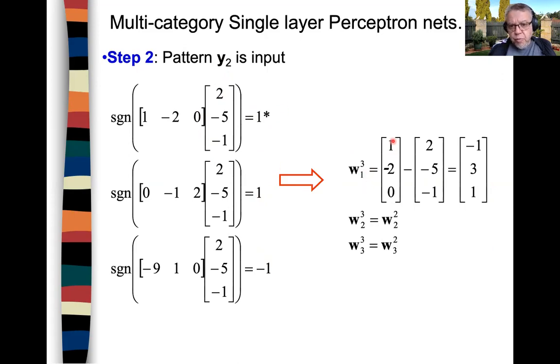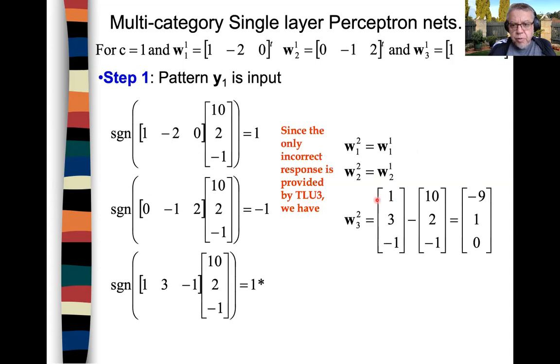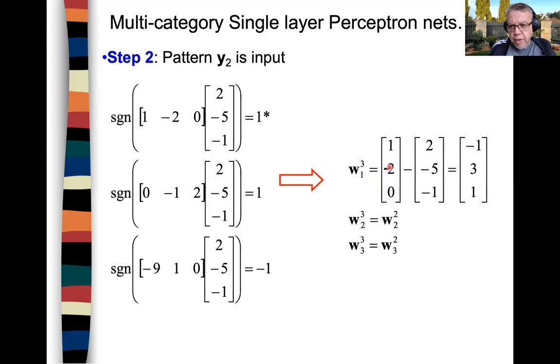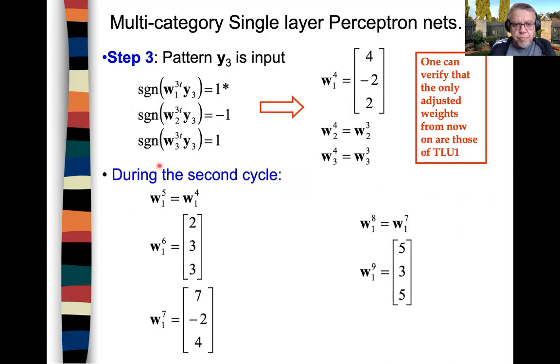And the same way, we use the old weights for threshold logic unit 1, which were 1, -2, 0, minus the input for this pattern here, which is 2, -5, -1. We get the new weight. We keep doing the same procedure.